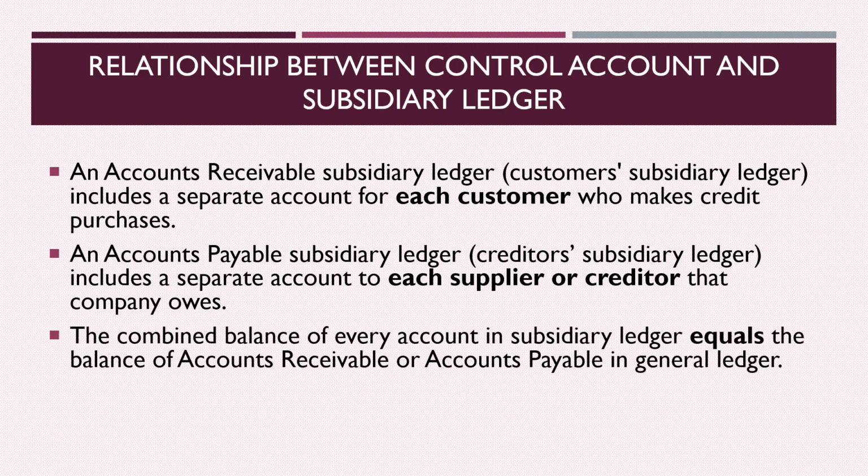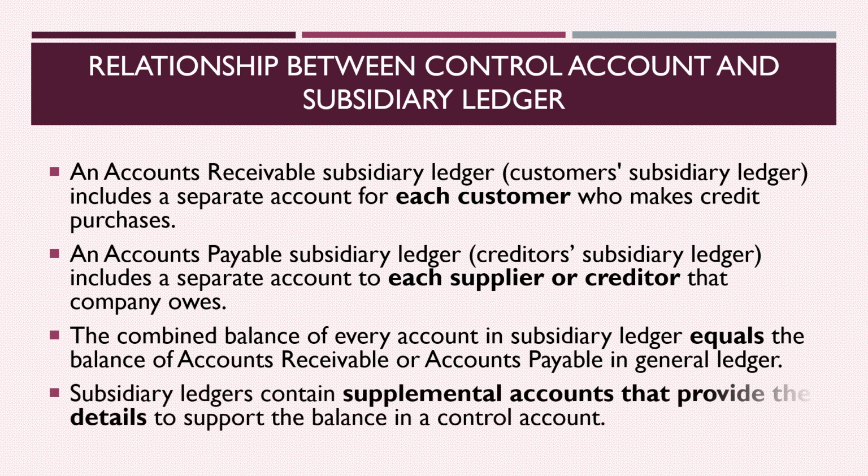The combined balance of every account in the subsidiary ledger equals the balance of accounts receivable or accounts payable in the general ledger. A subsidiary ledger contains supplemental accounts that provide the details to support the balance in a control account.